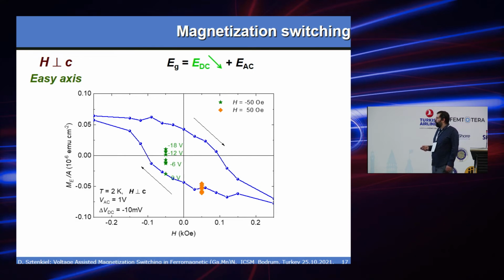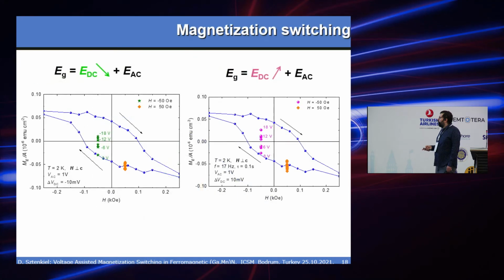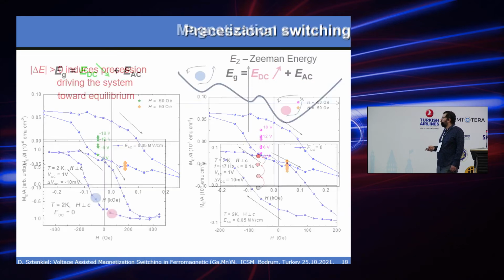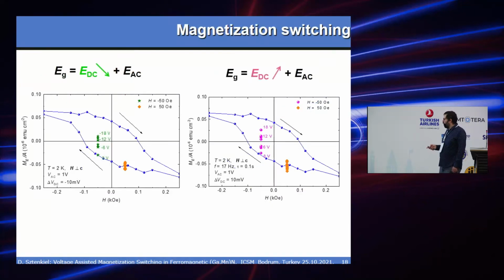And the switching is not reversible because we can only switch the magnetization from here to here, not vice versa. We cannot switch it back here. And the switching is observed both for the negative and positive changes of the DC electric field.